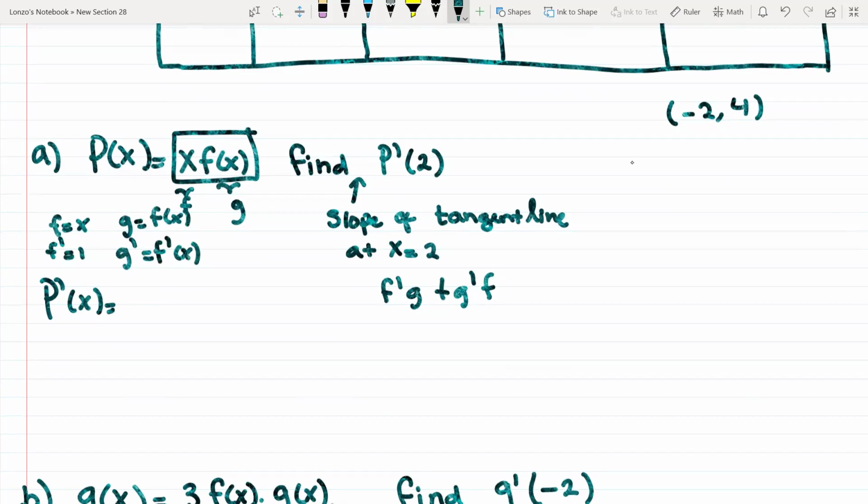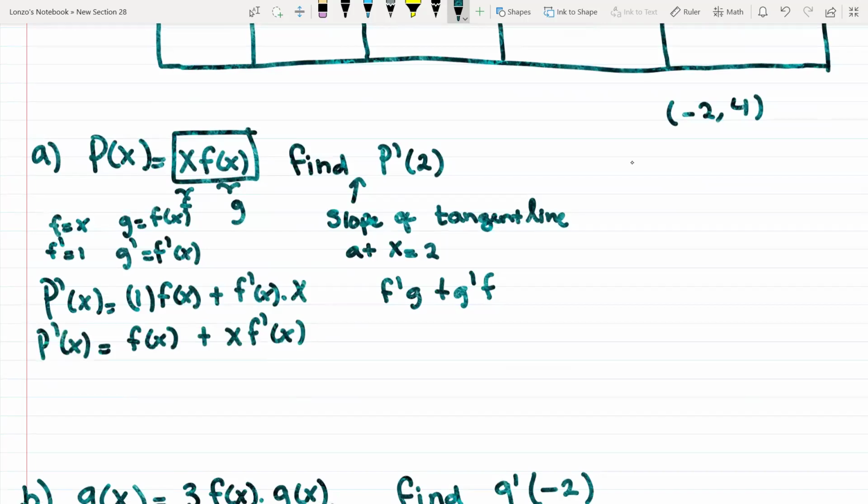Apply the product rule: f prime is 1 times regular g, which is f of x, plus g prime, which is f prime of x, times f, which is x. Cleaning this up, 1 times f of x is really f of x, plus f prime of x times x, that's really x times f prime of x.